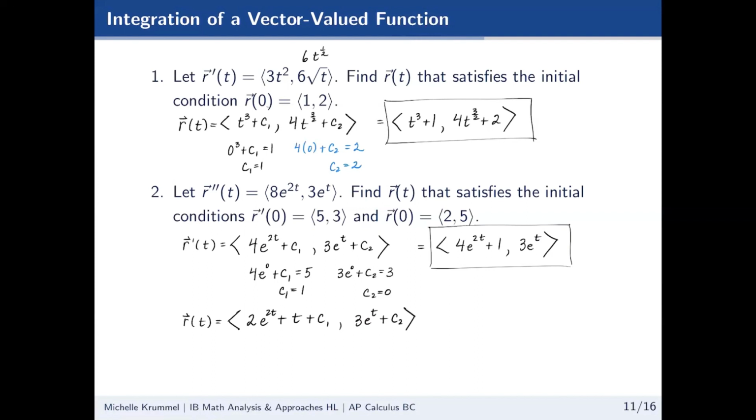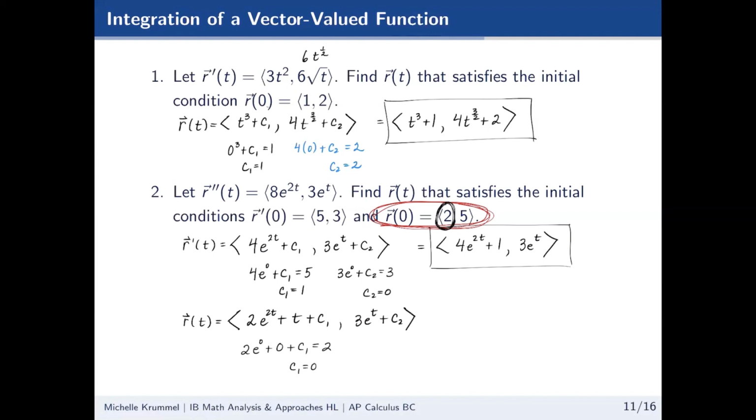Okay, now using the fact that when t is 0, vector r is equal to the vector with components 2, 5. So when t is 0, 2e to the 0 plus c1 has to equal 2. From right here, x component is 2 when t equals 0. So now we have c1 equals 0.